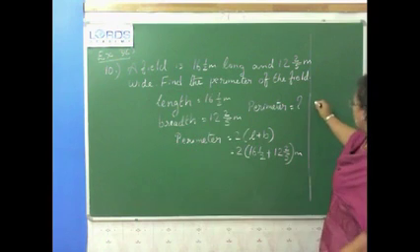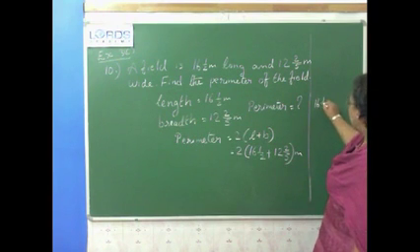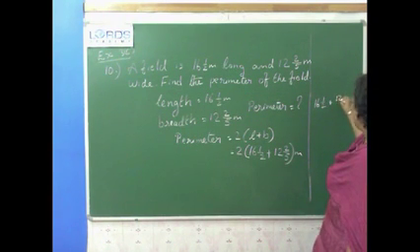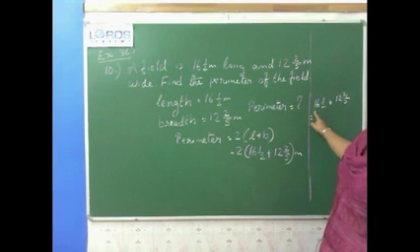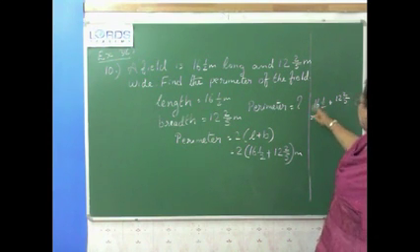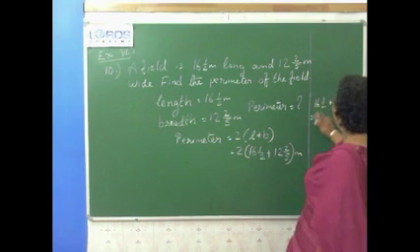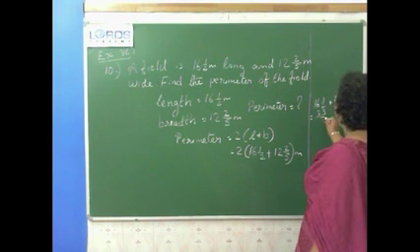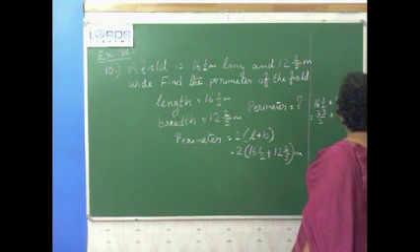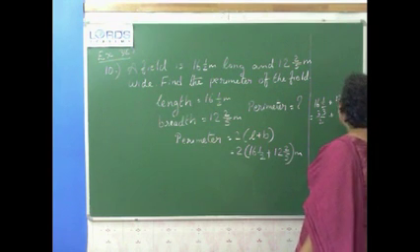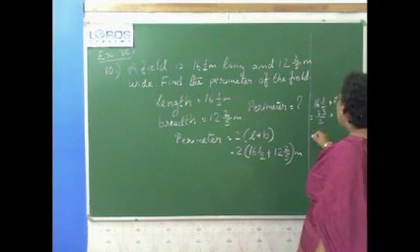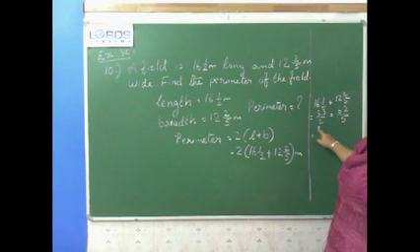Okay. 16 1/2 plus 12 2/5, you have to convert this into improper fractions. So you will get 33 by 2 plus 62 by 5. Here the LCM is 10.